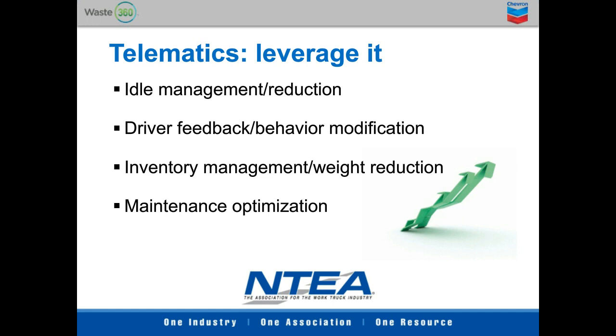Maintenance optimization. If we're having an engine trouble code, it can actively alert you, and you can make a maintenance arrangement before you have a catastrophic failure, and again that downtime.